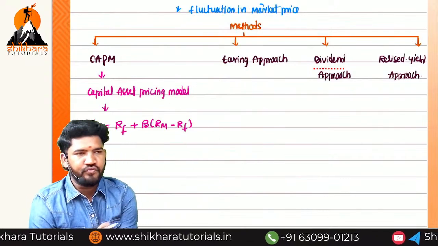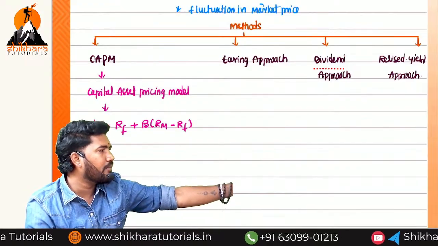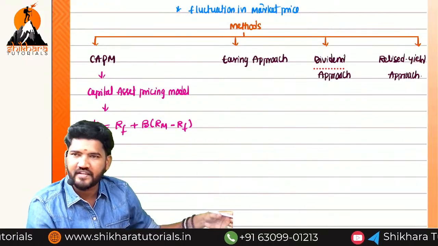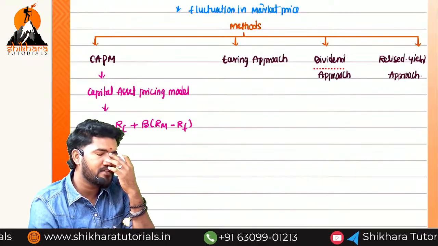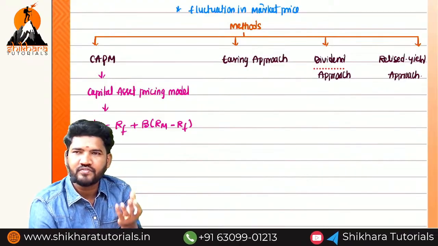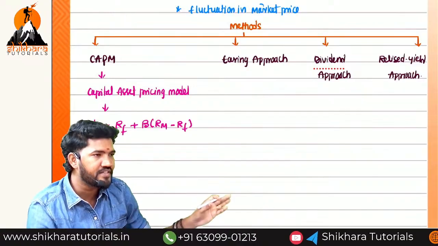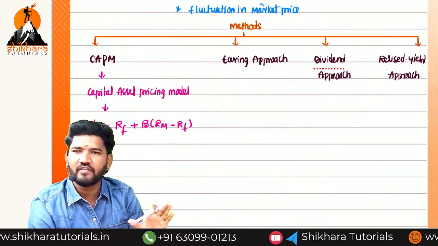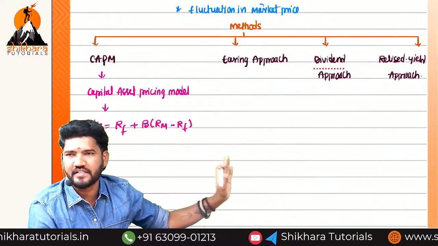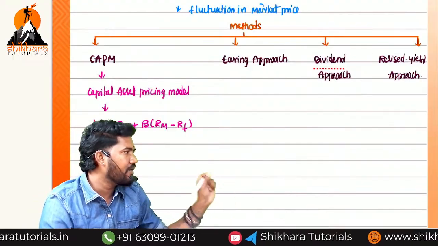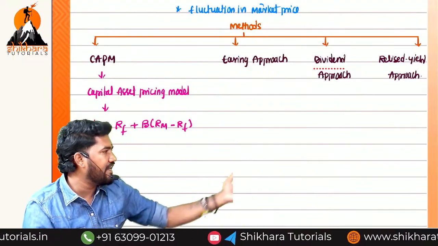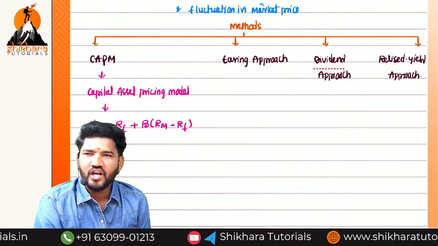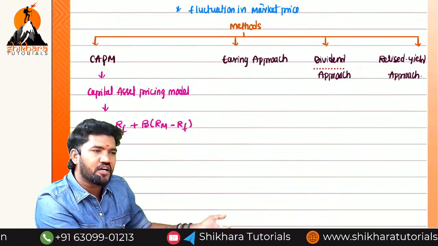For this, there is a proof of how RF plus beta into (RM minus RF) came, a theoretical proof, like theorems. That kind of proof is there in final. But for inter level, proof is not required. Just the formula is sufficient. Now I will give clarity about each and every element. KE, you already know, is cost of equity. That is your ultimate agenda to calculate.